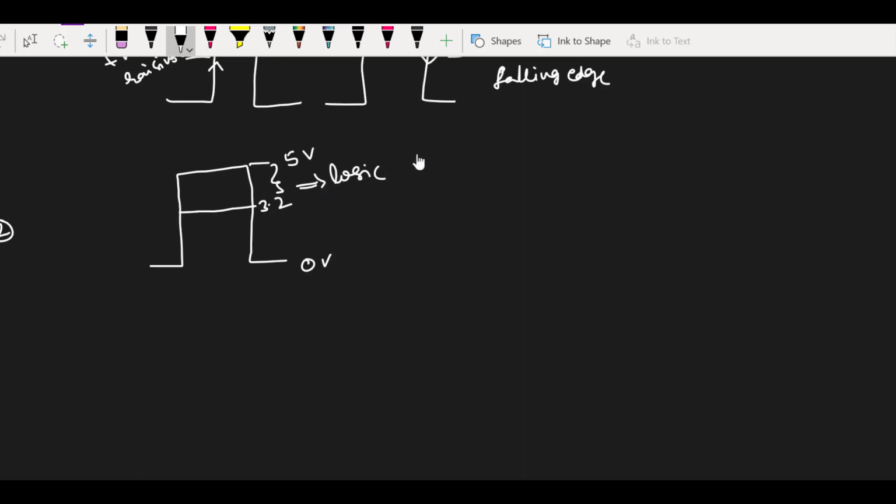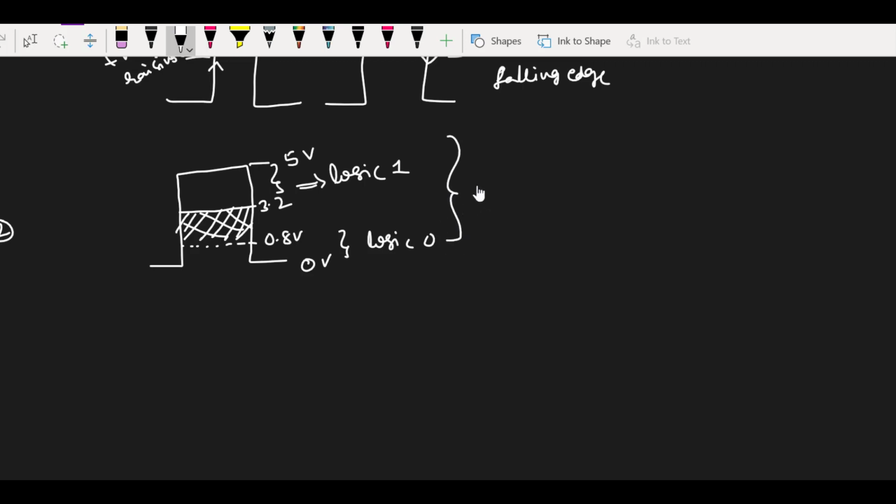Even if the output is 3.2 volts or 3.4 volts or 4.2 volts, whatever the number, this entire region is called logic 1. Similarly, from 0 to 0.8 volts, this entire region we call logic 0. Whatever value comes in between these two ranges we call logic 0. The remaining region is called the invalid or not acceptable region.